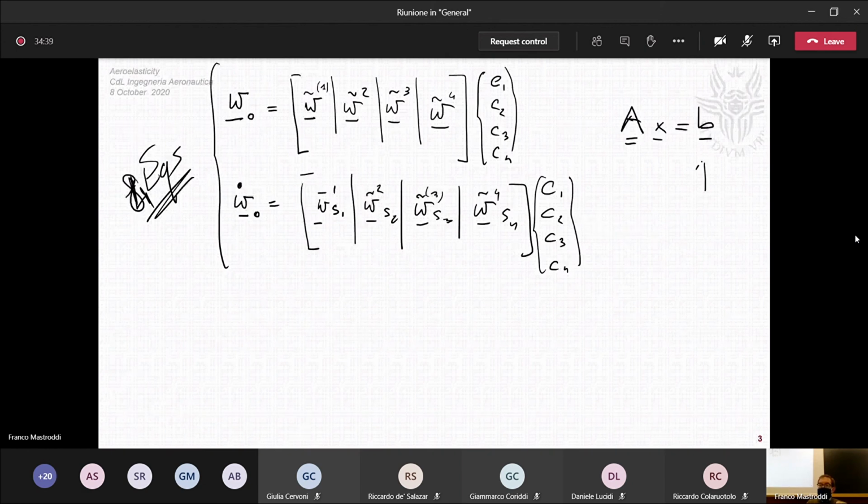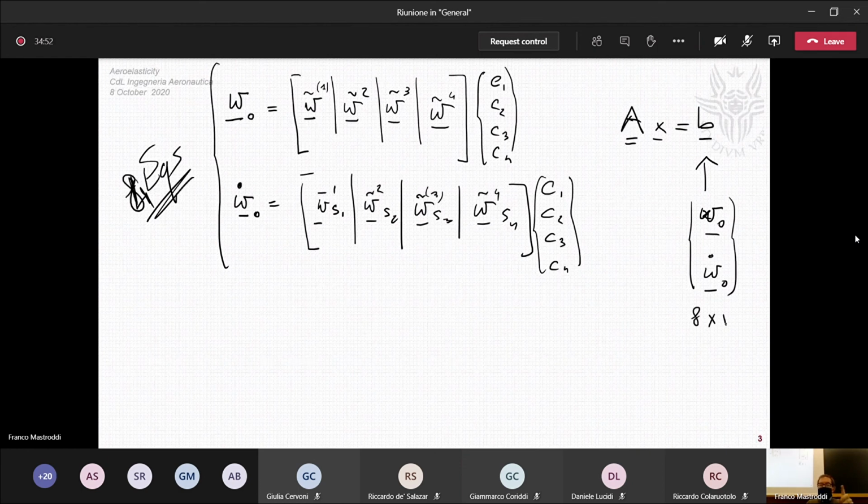where B is W0 and W dot 0, an 8 by 1 vector, and you can define this A matrix by this. Note that you have 4 equations and 4 unknowns. These 4 unknowns are 4 complex numbers. Please, I would like your attention at this point.